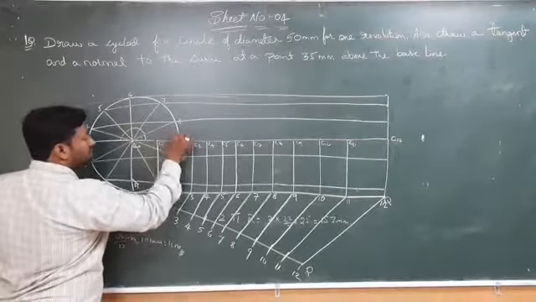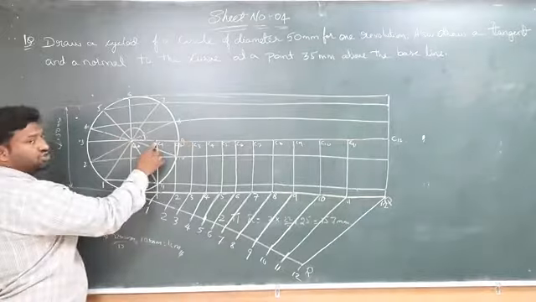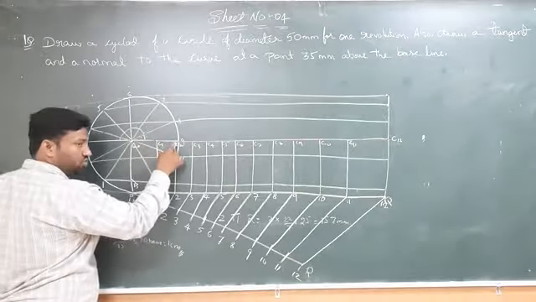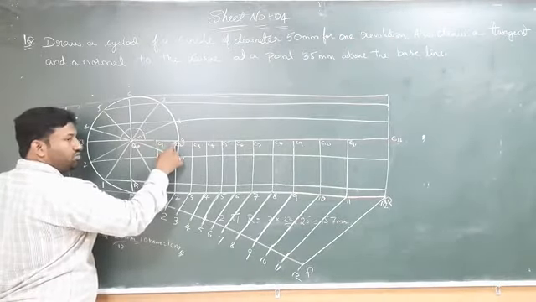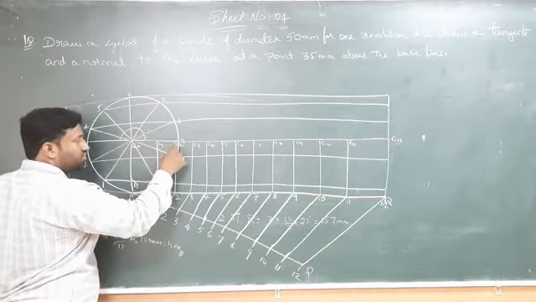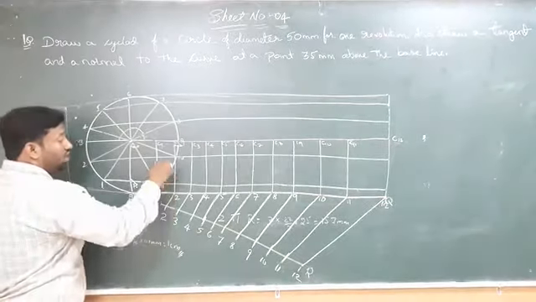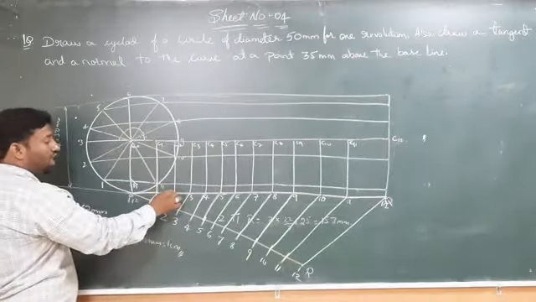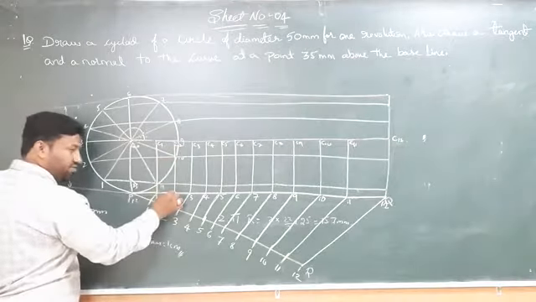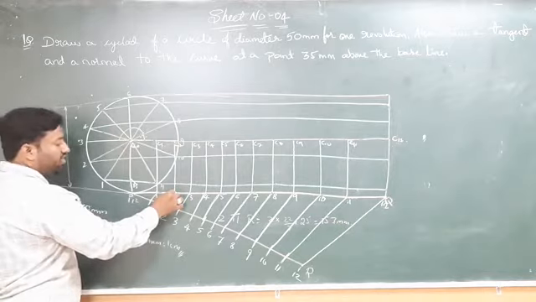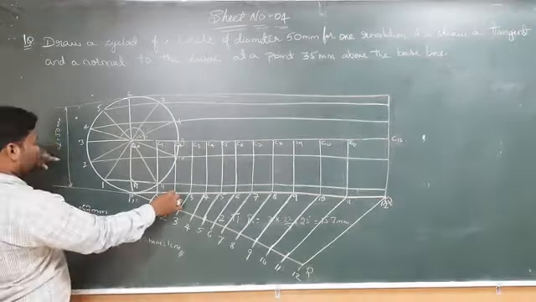Next, we change the center from C1 to C2. The radius is the same, 25 mm. Again we cut the arc by maintaining the same radius, on 2.